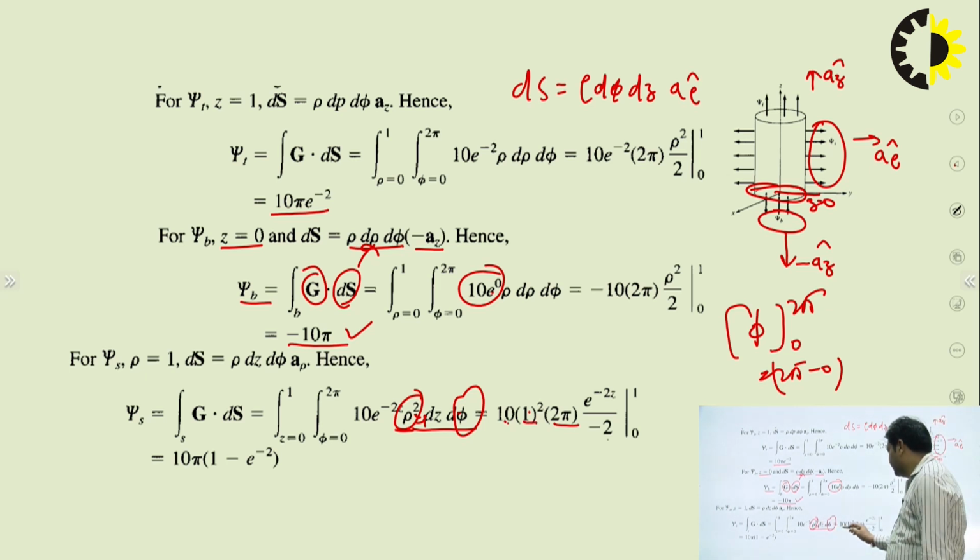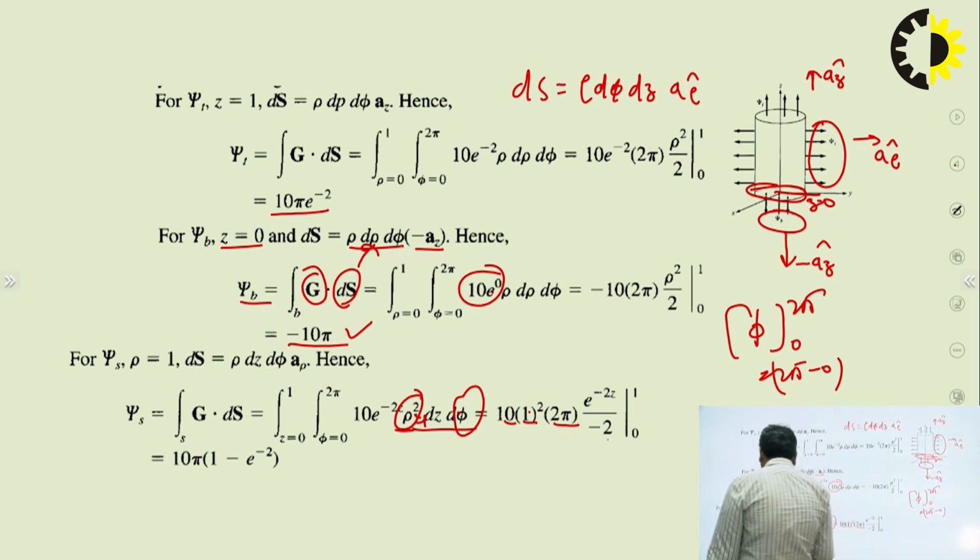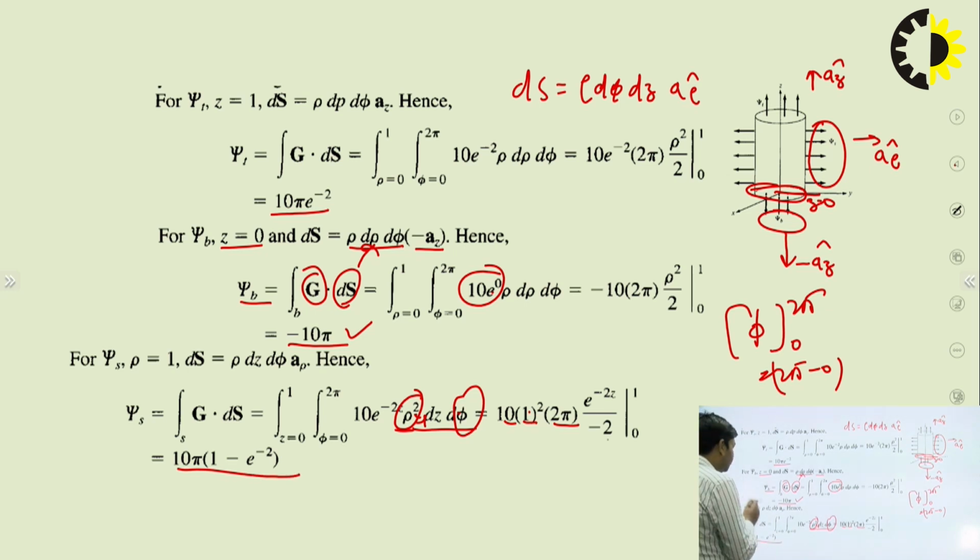And this is 10. Then we easily calculate the value of this, which is 10 pi times 1 minus e raised to the power minus 2, to solve this integration. Then we receive the total: top flux is equal to this, bottom flux is here and side flux is here. Then we calculate the total outward flux through this cylinder.